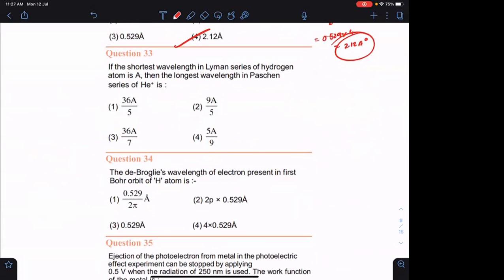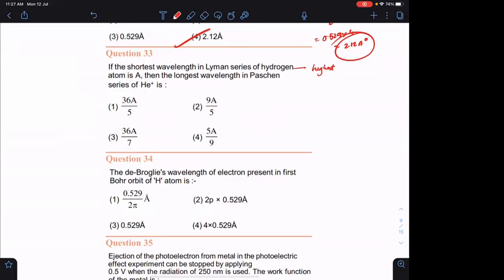Question number 33. If the shortest wavelength in Lyman series of hydrogen atom is A, then the longest wavelength in Paschen series of helium positive is. Aisa questions bahut kiya humne. Shortest wavelength matlab what is the energy? Highest energy.